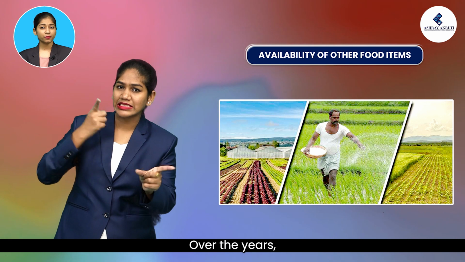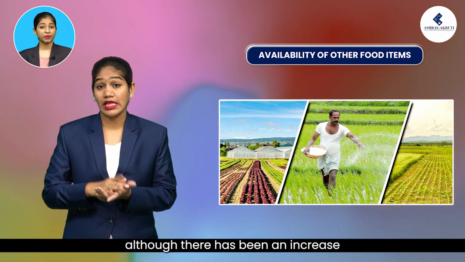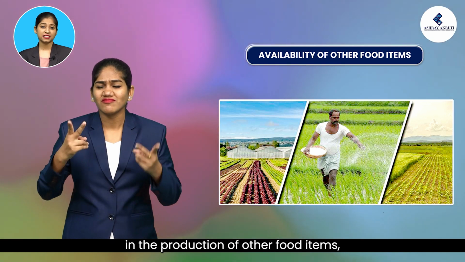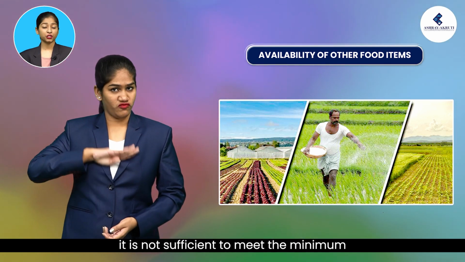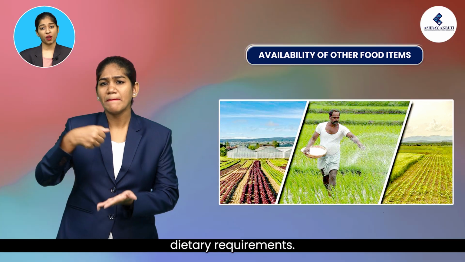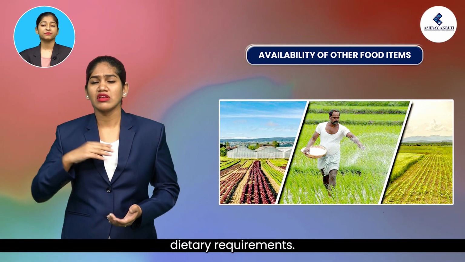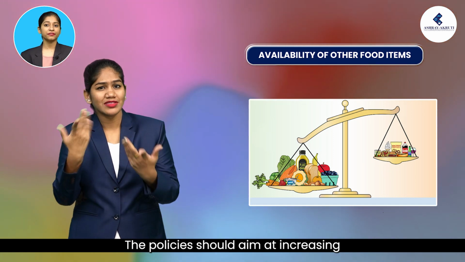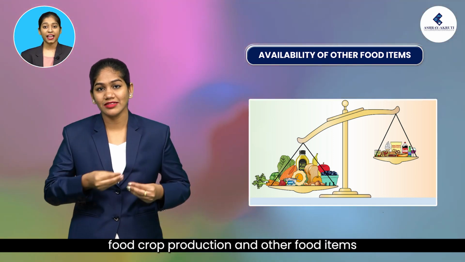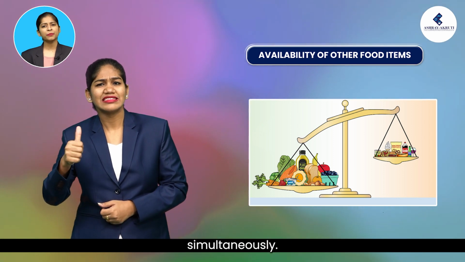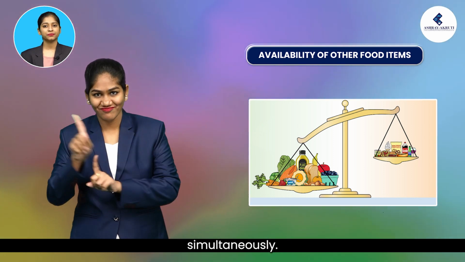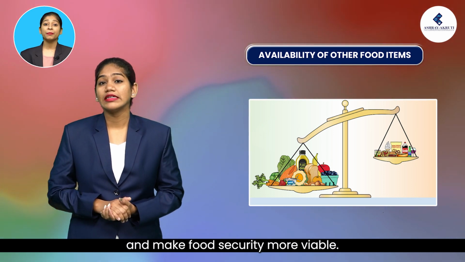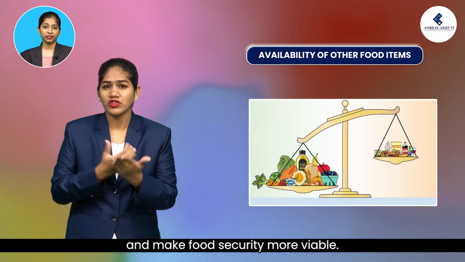Over the years, although there has been an increase in the production of other food items, it is not sufficient to meet the minimum dietary requirements. The policies should aim at increasing food crop production and other food items simultaneously. It will fill the gap and make food security more viable.